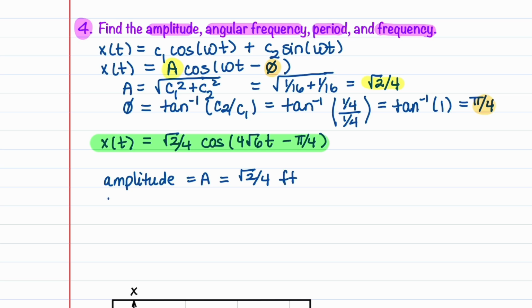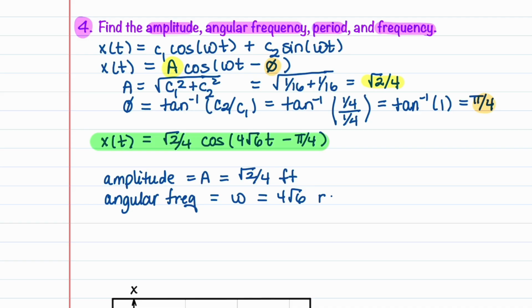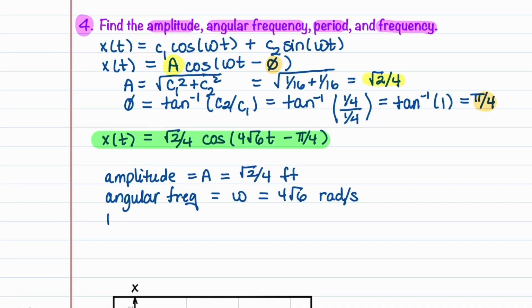The next is the angular frequency. That is equal to omega, and we already found that omega is 4 root 6, but now we need to add units, and those units are going to be radians per second. Now let's find the period.